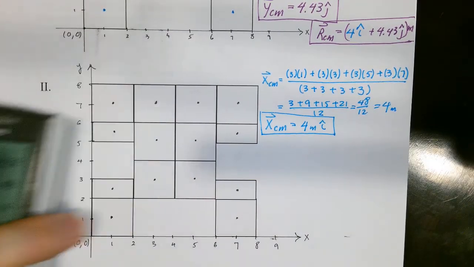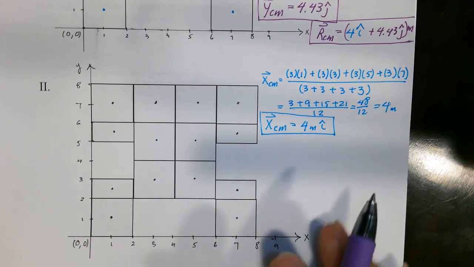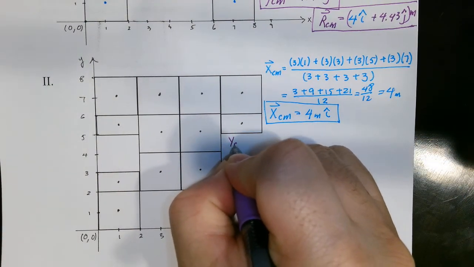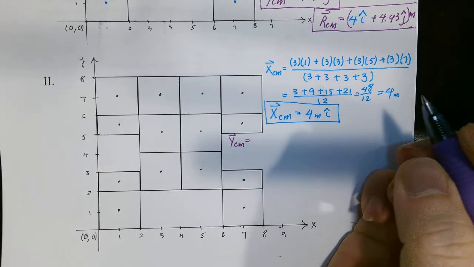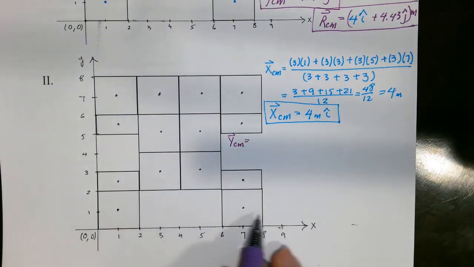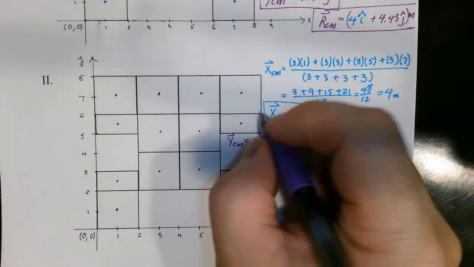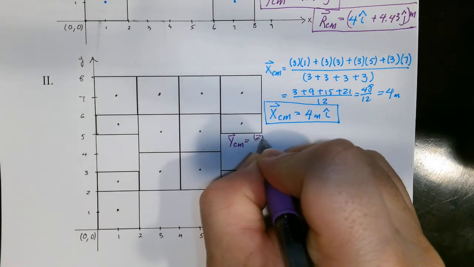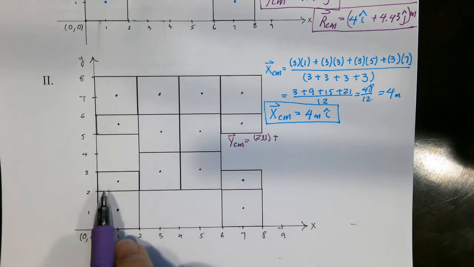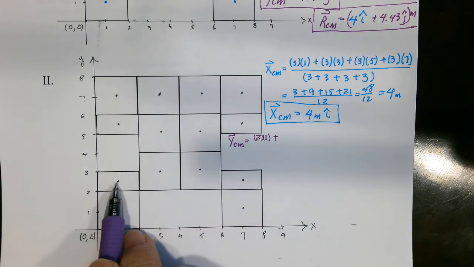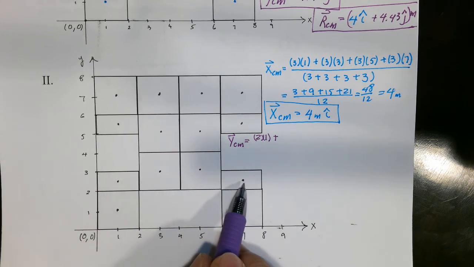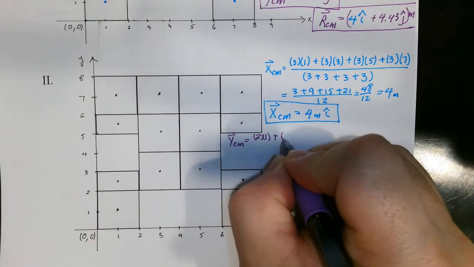Now for y, it's slightly different. My y sub cm, I'm going to need more room probably. So here, it looks like 2 kilograms times 1, plus here, it looks like 1 times 2.5, because I got half here.